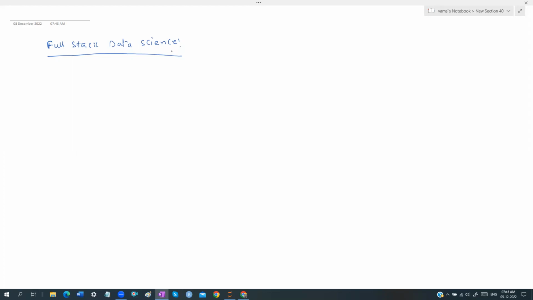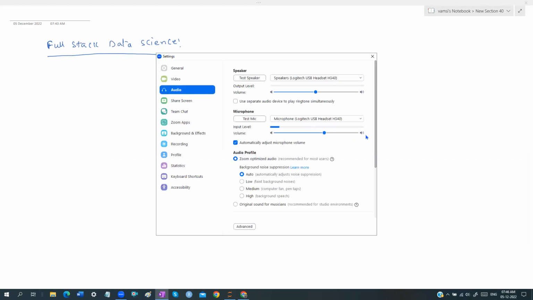In a complete project life cycle, whatever skills are required, companies are now looking for people with multiple skills who can work at any level of the project.